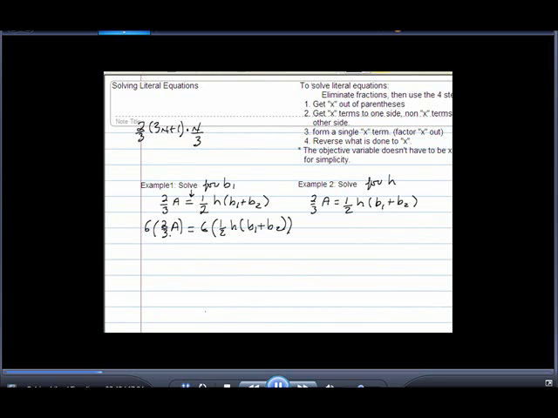On the left side, the 3 cancels the 3, leaving a 2, which leaves the left side as 4a. And on the right side, the 2 cancels the 2, leaving a 3, which gives us 3h times (b1 plus b2).